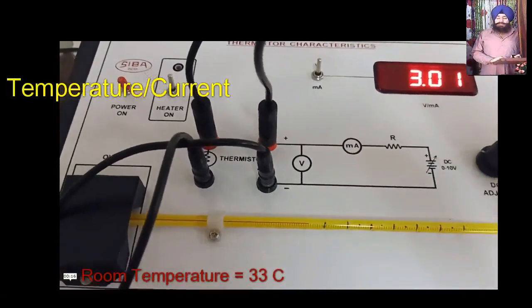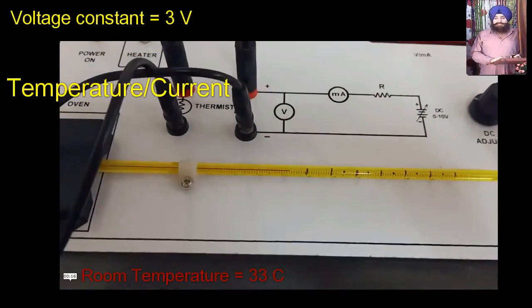Now we are going to perform the second activity of the thermistor, where the voltage will be constant, now 3 volts. We'll note down the temperature and current, and keep in mind the room temperature was 33 degrees Celsius.